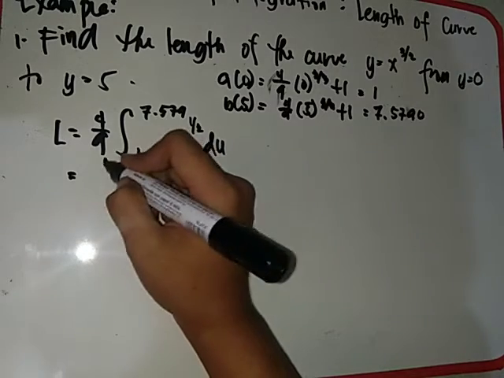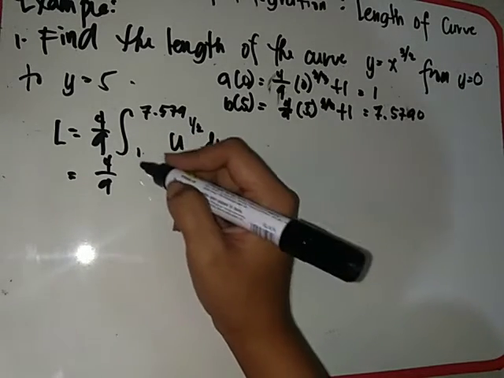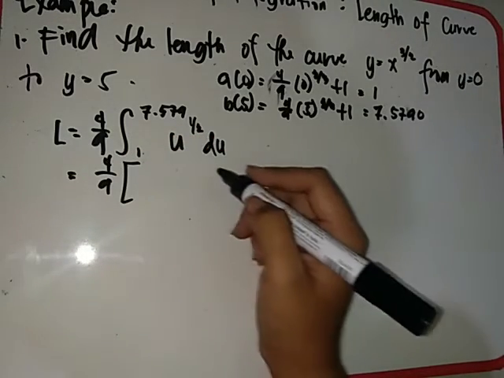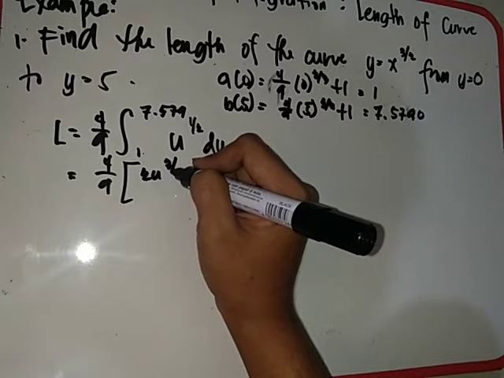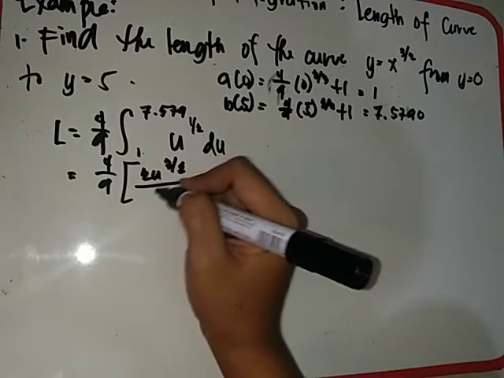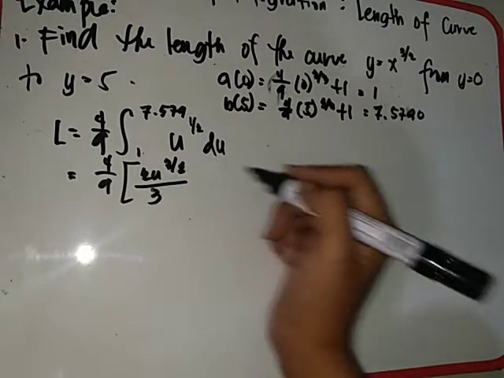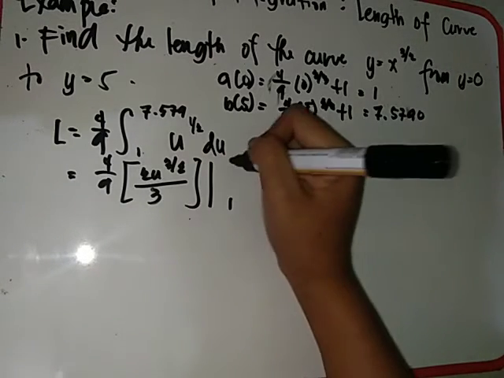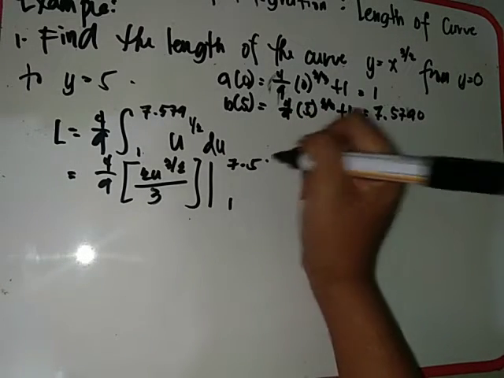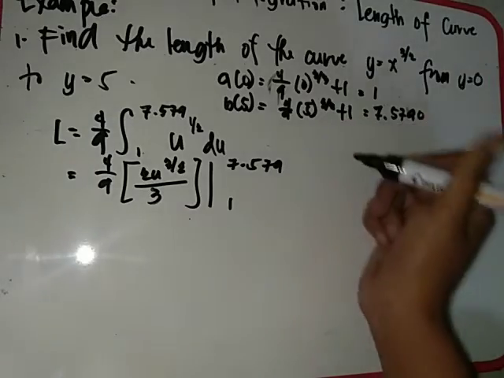So we have 4 over 9, 2u raised to 3 halves over 3, integration of 1 to 7.579.